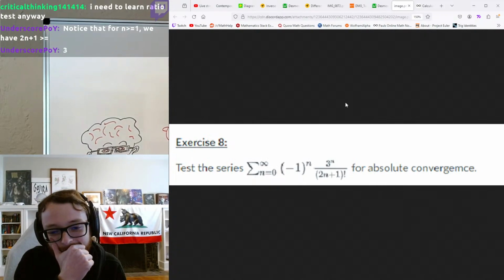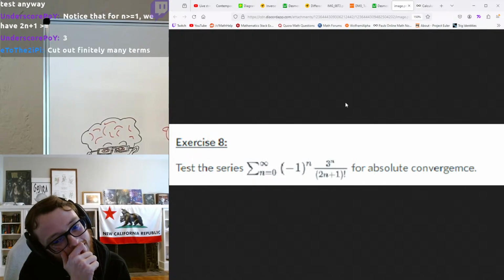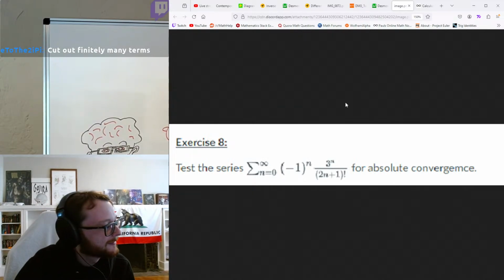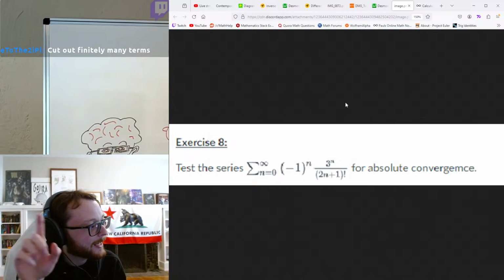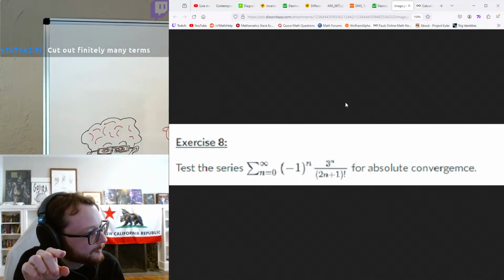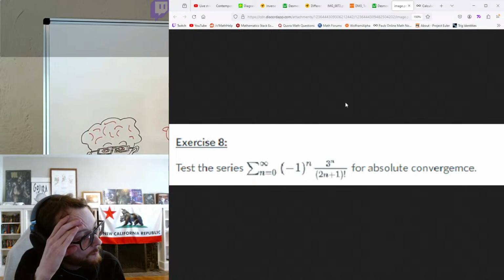Oh. Wait. Cut out finitely many terms. So if you have n many fourths in the denominator, (2n+1)! is more than n many numbers.